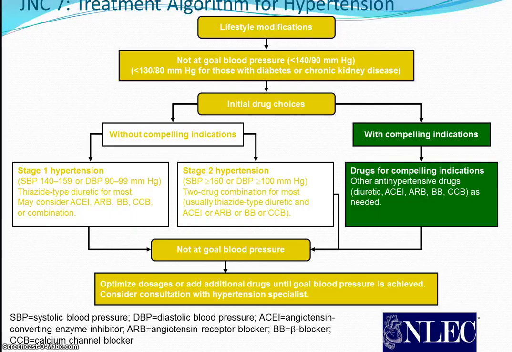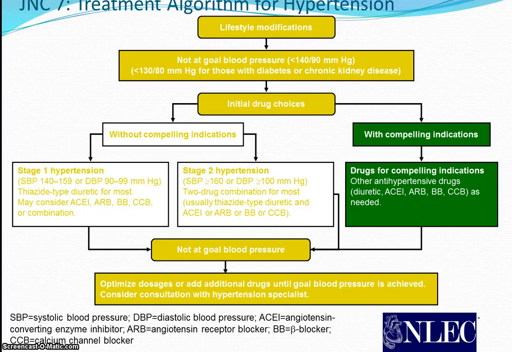So if it's stage 1, meaning they're between 140 and 159 systolic, or, remember it's or, so if either one's wrong we have to treat them, or their diastolic is between 90 to 95, we're going to try a diuretic first. We may consider giving them those inhibitors or those blocker agents. We would probably try a diuretic first and then come back and check it. Still no good, we'll give them the blockers too.